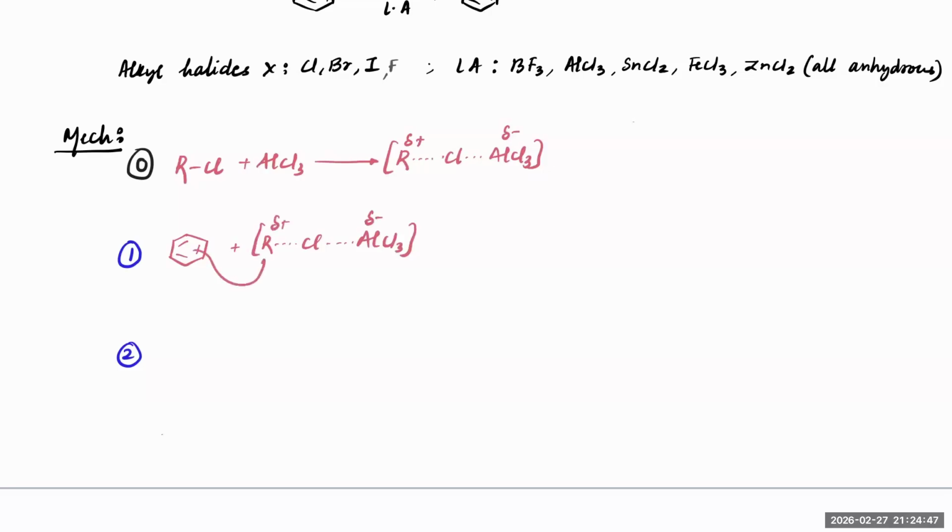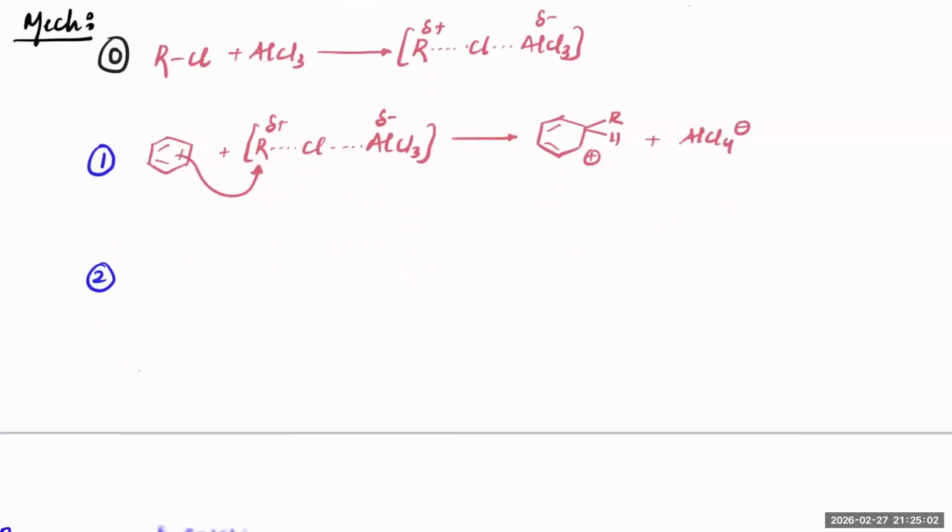So benzene will attack on this R here, and that's how Cl will go away, and you'll get R with hydrogen with plus charge this way and AlCl4 minus. Okay, this is the product that you will get here.